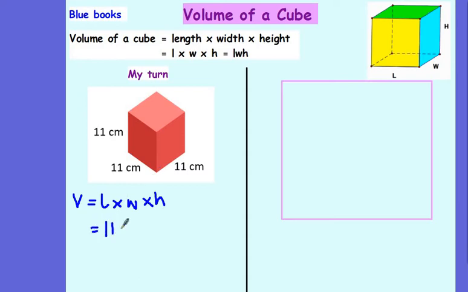So my volume is just 11 times 11 times 11, which will give me what, Jonas? 1,331. Great. Have I finished, Jonas? No, I need a unit in there, and my unit is centimetres cubed.